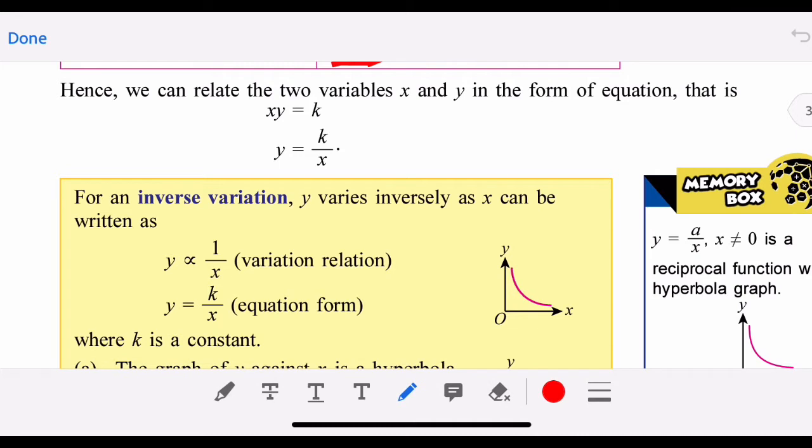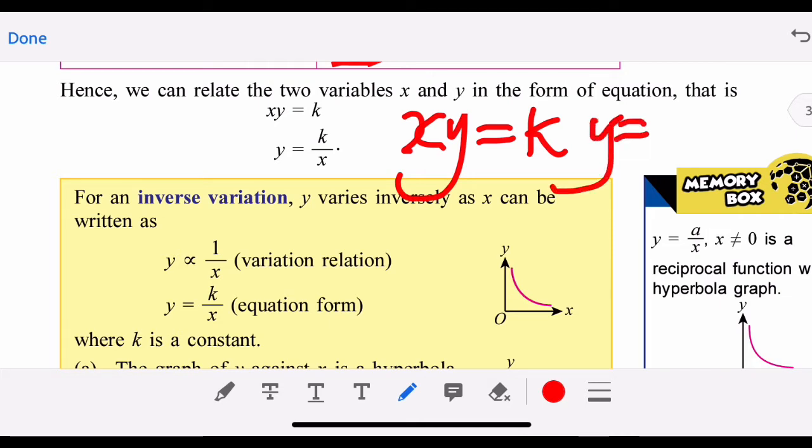So when two variables vary inversely, when you multiply the two variables, you will get a constant. Or you can say y equals constant over x.